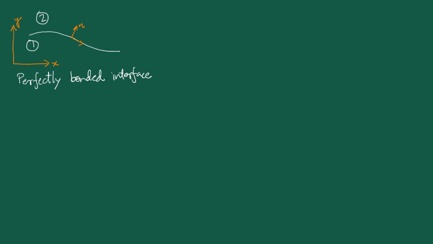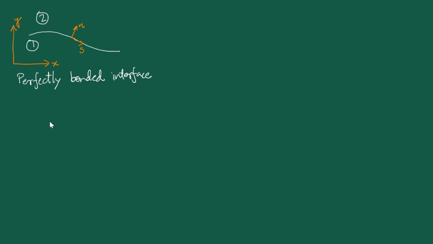So this line is tangent to that. This is referred to as the s axis. So s is along the surface and n is along the normal. This is like the local coordinate axis, which helps us to specify the boundary conditions, and the exact specification of the boundary conditions is done in this fashion.